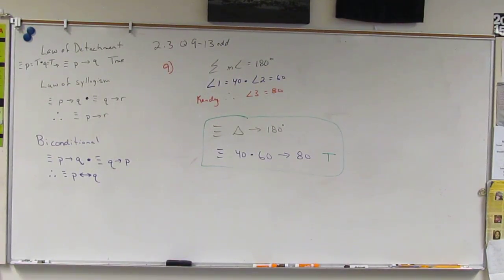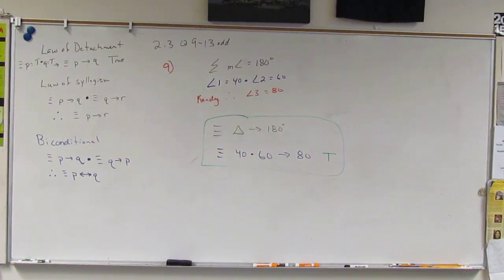Okay, number 11. That's 2.4. Determine if the conjecture is valid by the law of detachment. Given, if one integer is odd and another integer is even, their product is even.